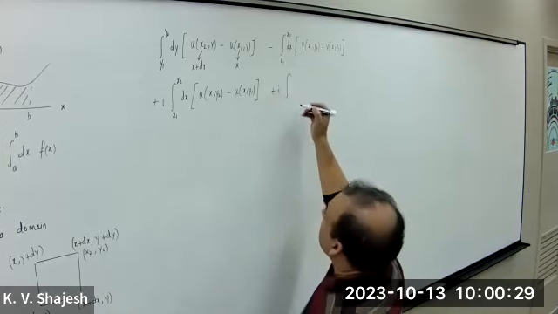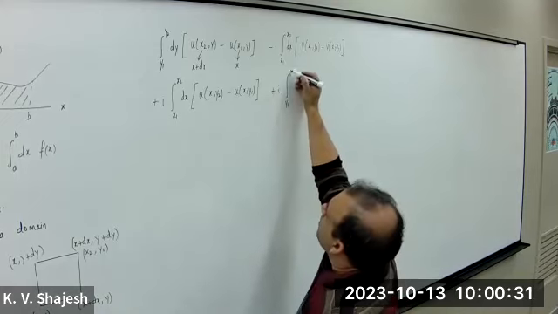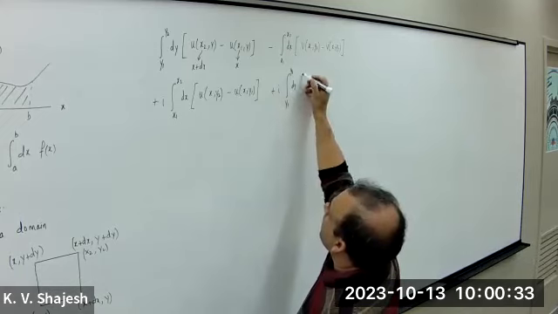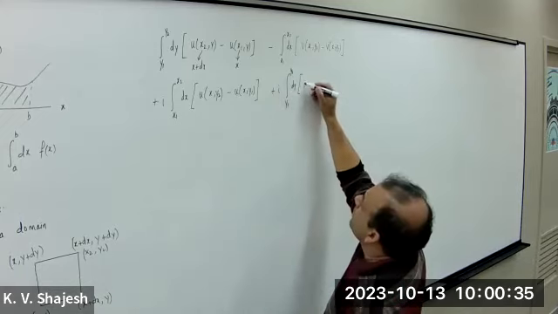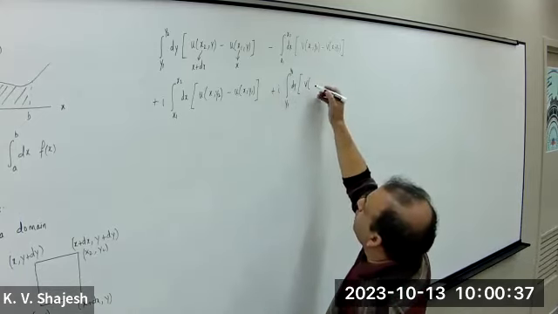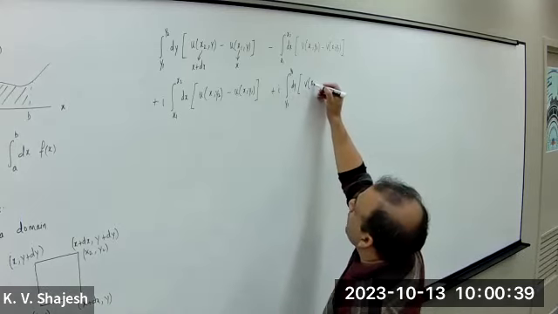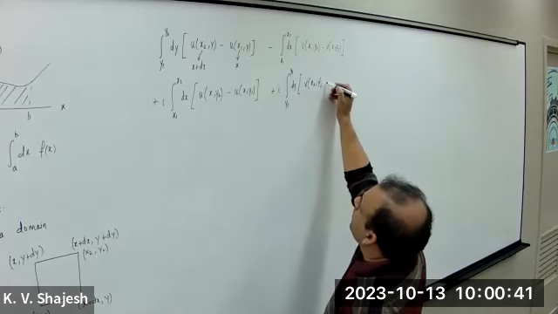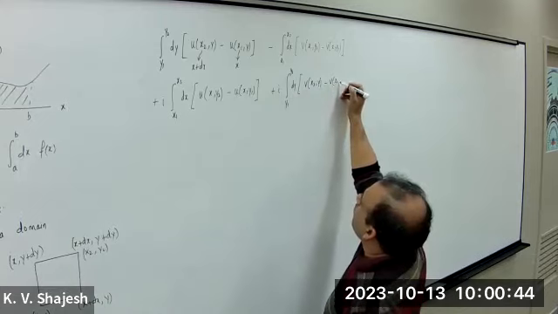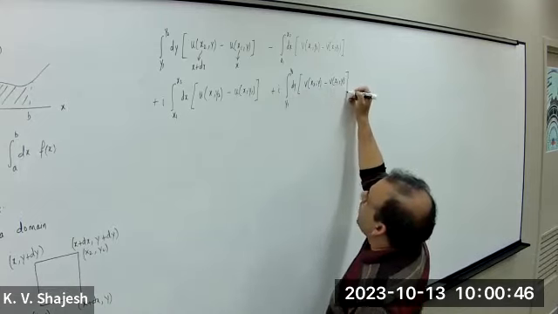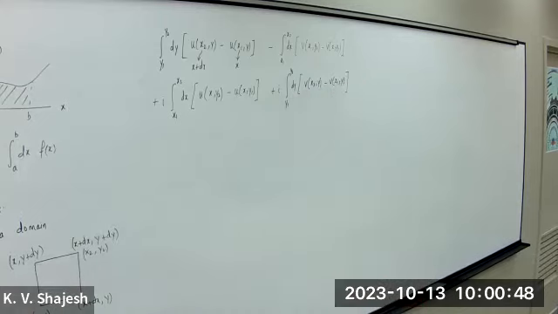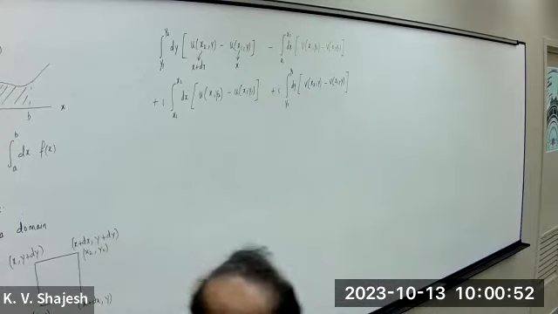And now x is completed, so it is integral from y1 to y2 dy, and v of x2 comma y minus the x1. Just basically mechanically, manually doing each of the chunks.